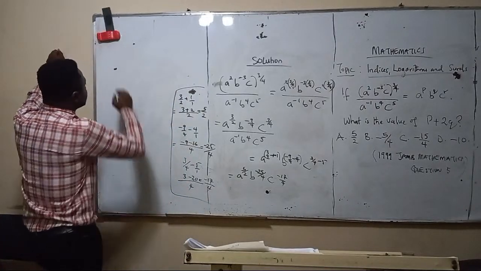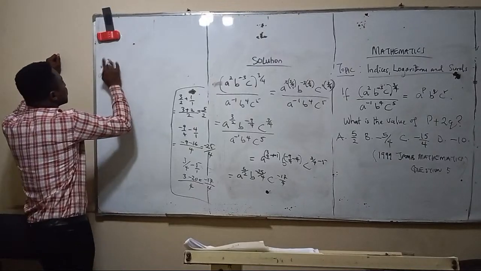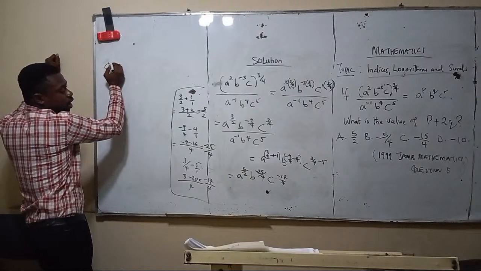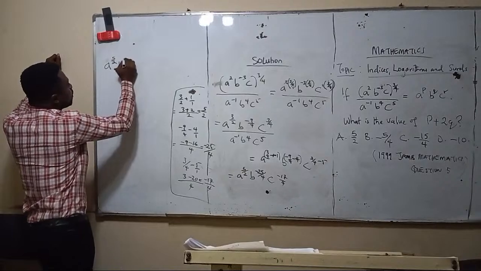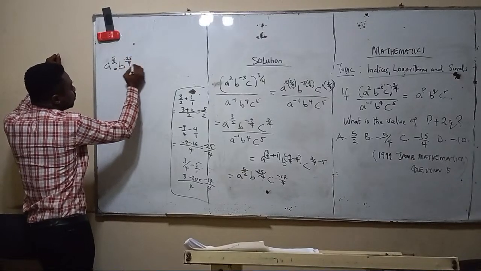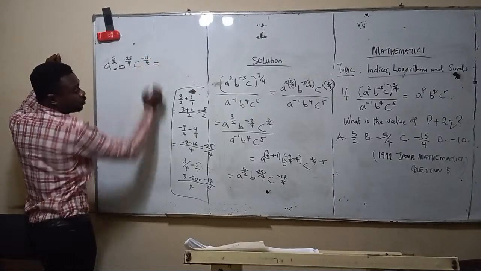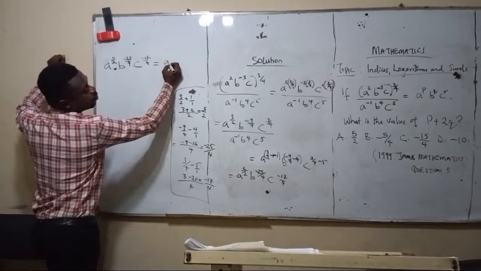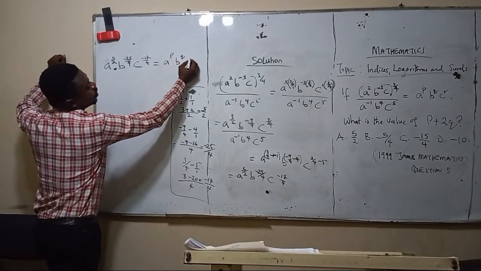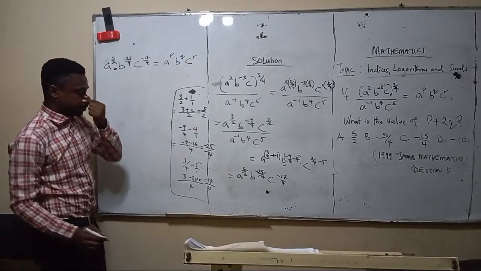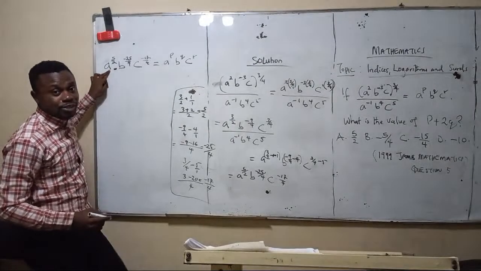A raised to power 5 over 2, b raised to power minus 25 over 4, c raised to power minus 17 over 4 is equal to a raised to power p, b raised to power q, and c raised to power r. By the law of indices, when they have the same base, their powers should be equated.